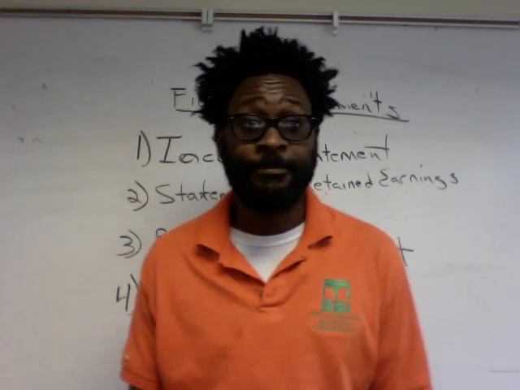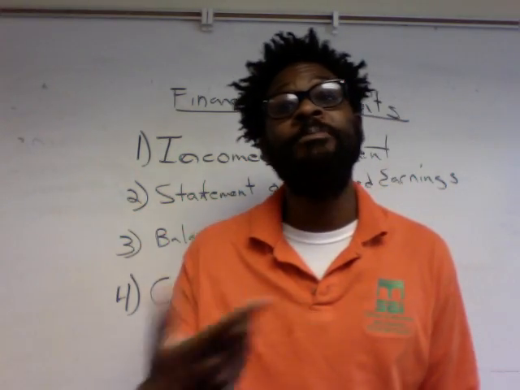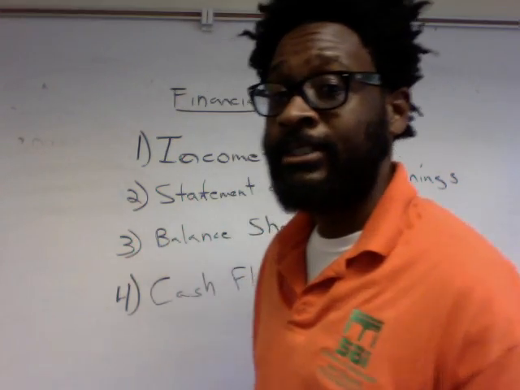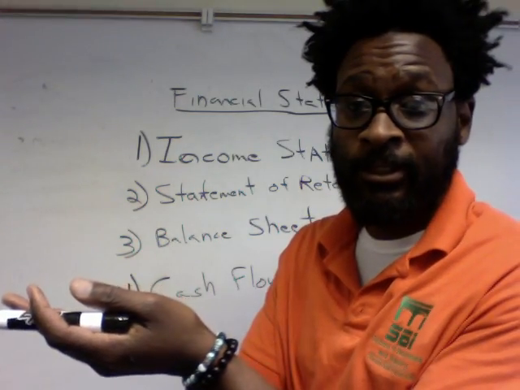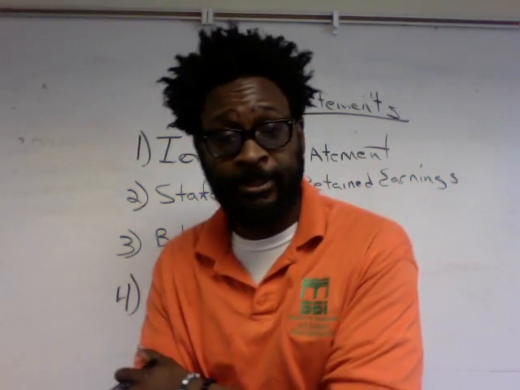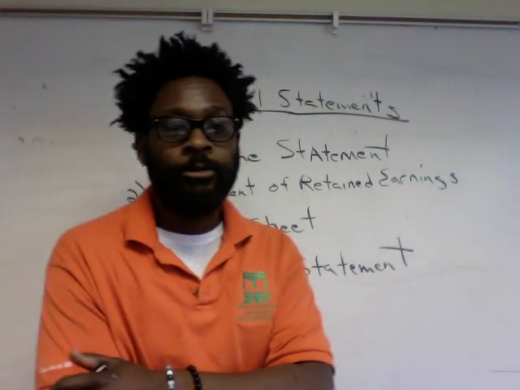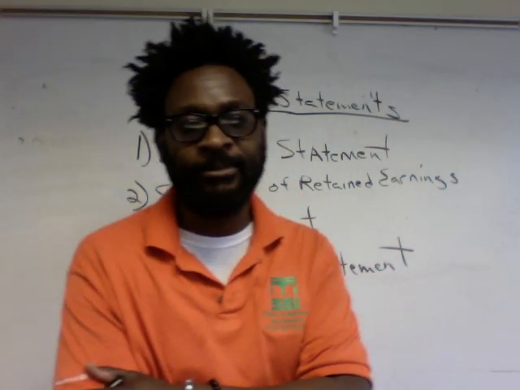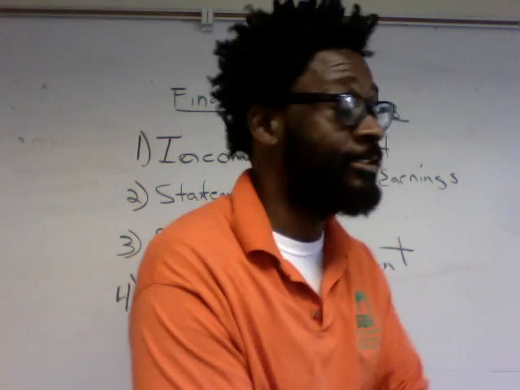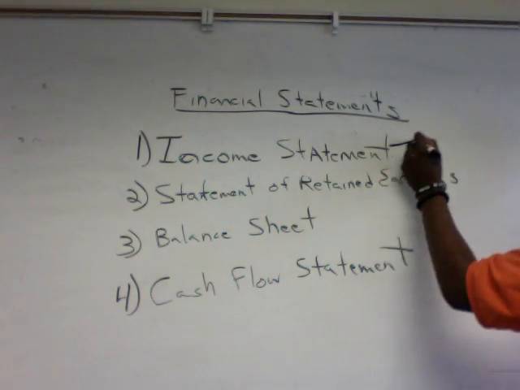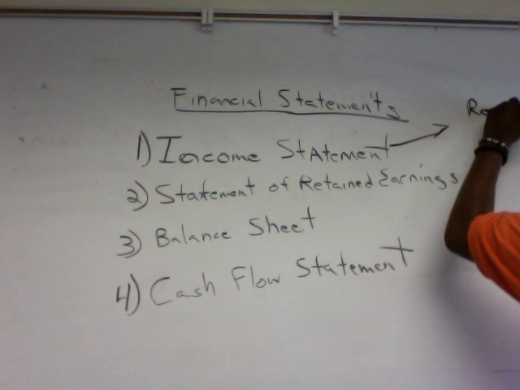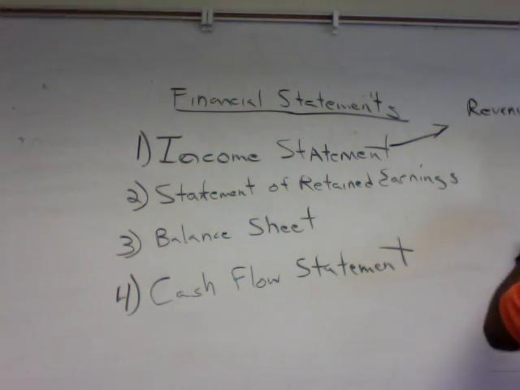So what are the keywords out of that definition? It reports income. What's income? How do we measure income in accounting? We already talked about that, right? We measure income by taking our revenues and subtracting our what? Expenses. So, your income statement is only going to have those particular accounts on there. Your income statement is going to have your revenues minus your expenses. That's the statement that shows you how to calculate your income for a period.